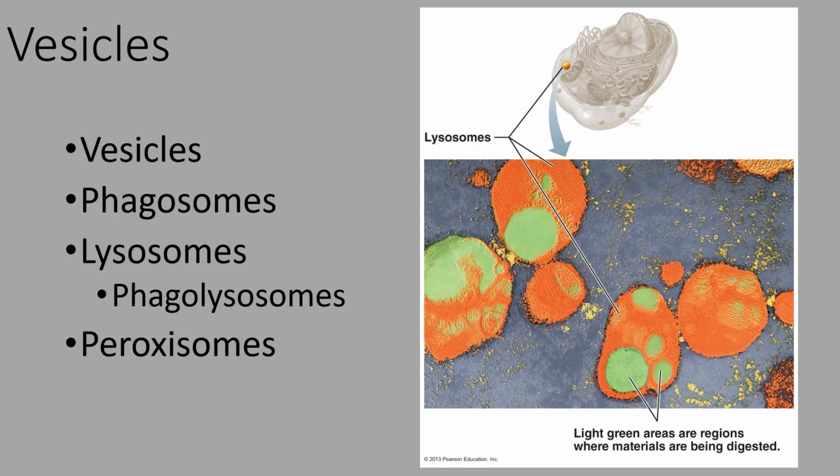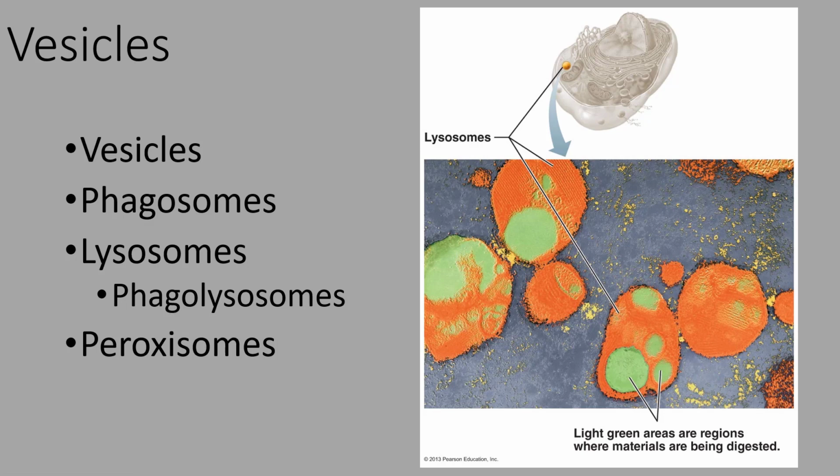That big vesicle is called a phagolysosome. What's inside the phagolysosome? Well, the bacteria or whatever that cell just ate, and digestive enzymes.